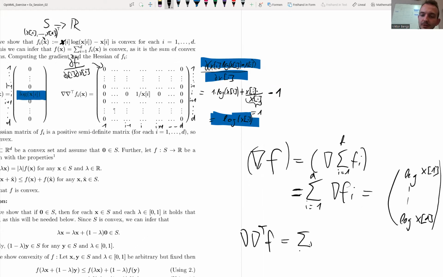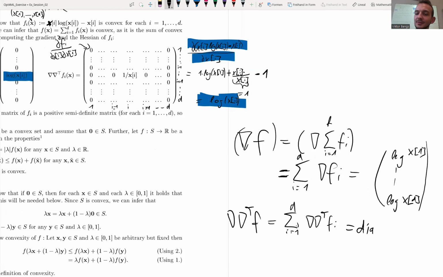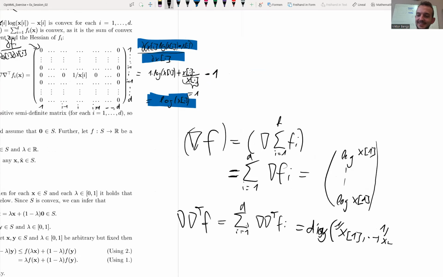It will be the sum of the Hessian matrices of all these fi's, and this would give you, I think, the diagonal matrix with 1 over x1 and so on on the diagonal. That's what I expected.